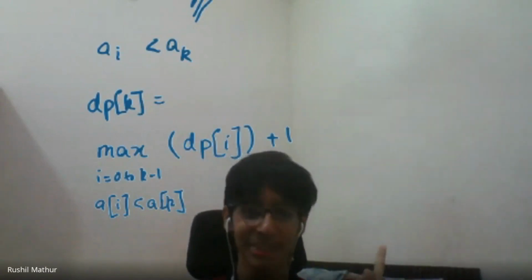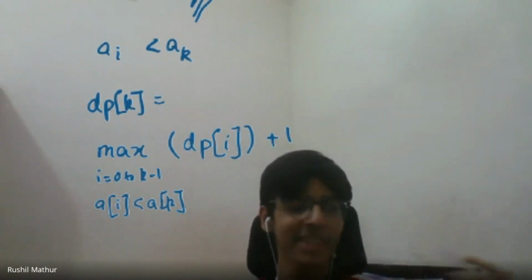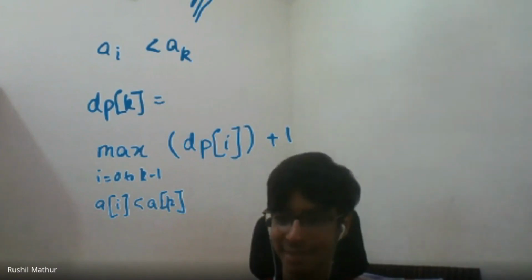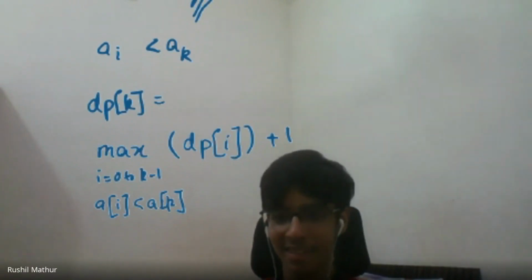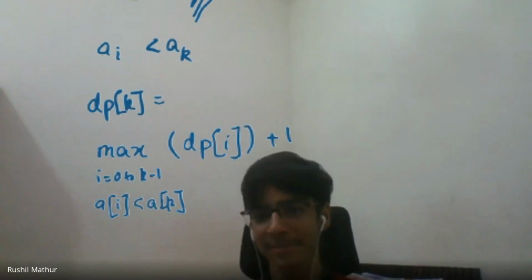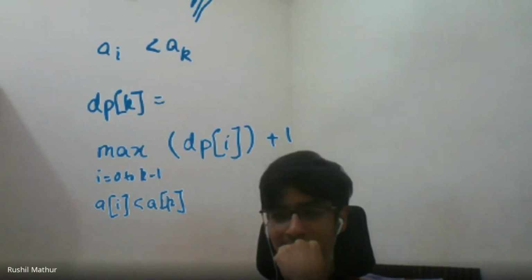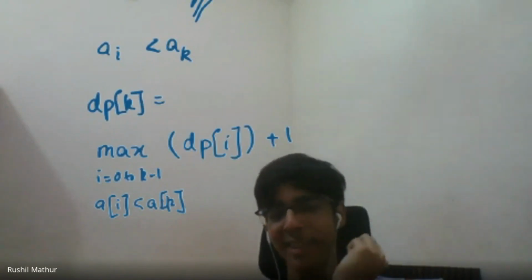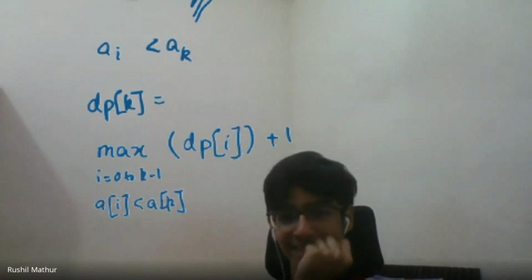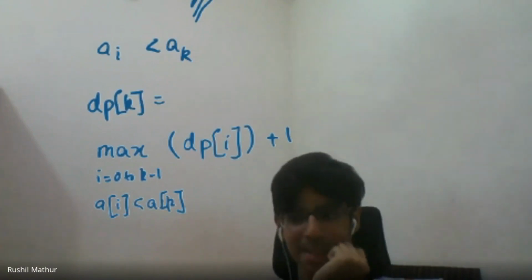Oh, by the way, we are not so done, right? We have figured out dp0, dp1, dp2, dpn. But which one here is the longest increasing subsequence? What do you people think? Is dpn the longest increasing subsequence?